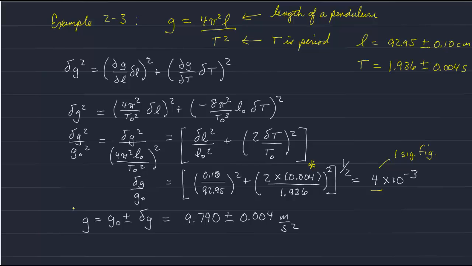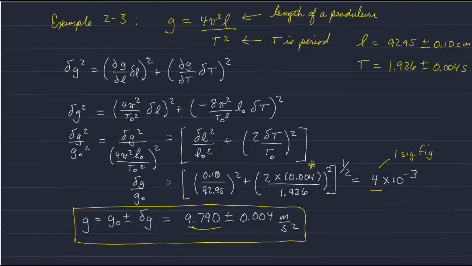And you should notice that I wrote my most likely value, the value made from the measured values of L and T, in the thousandth place, which is the same order of the uncertainty.